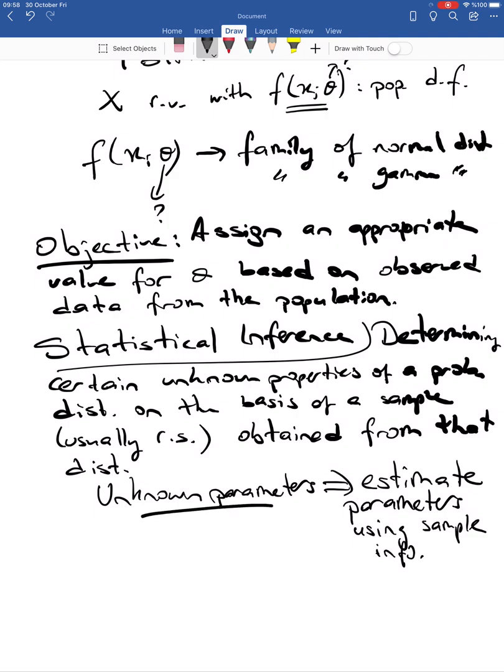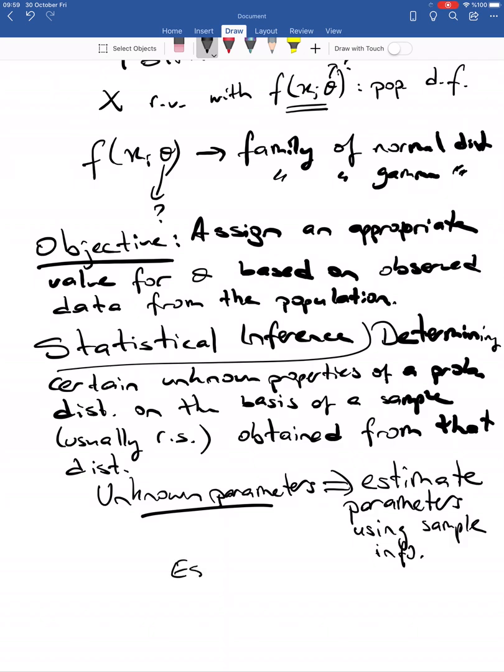Then our question will be which estimator I have to choose to represent theta using my sample information. So we will see then the good properties of estimators, and then we want to use those properties and try to choose the best estimator for our unknown parameter.